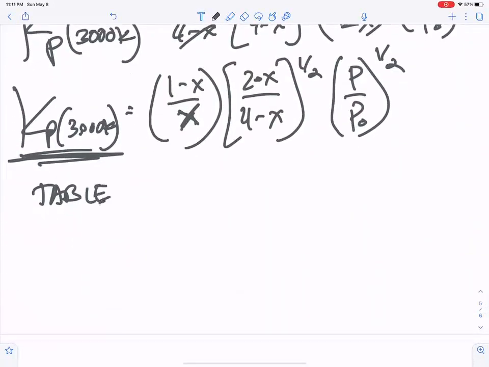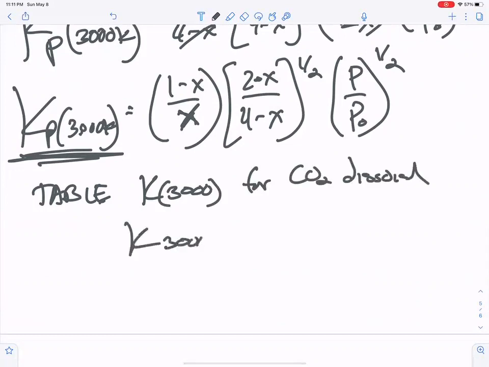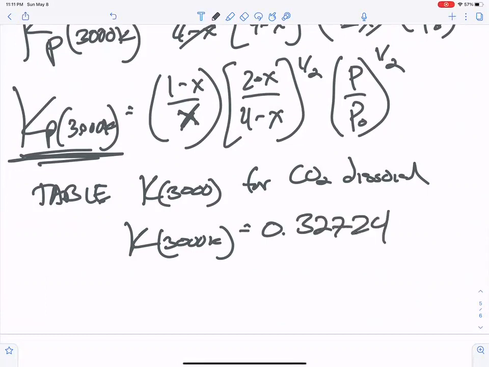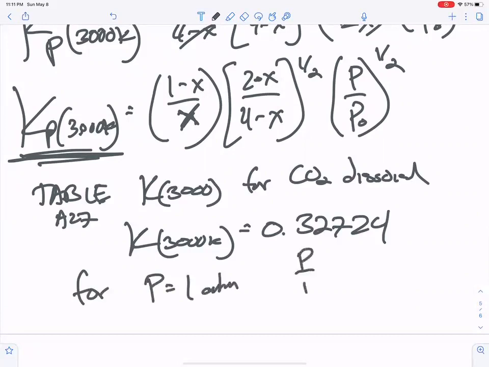So a useful thing is to go to the tables for K for CO2 dissociation. That's 0.32724, in table A-27. And then for P equals 1 atm, P over P naught to the 1/2 equals 1.